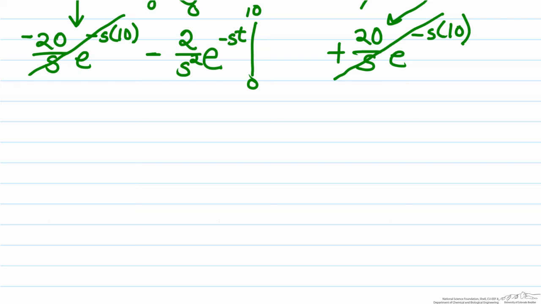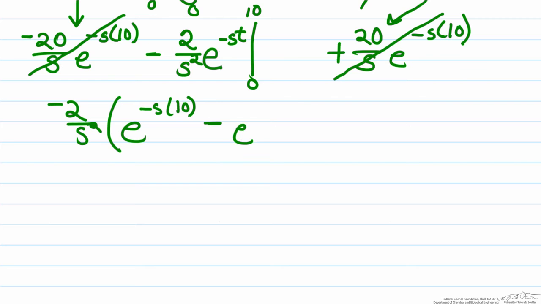When we evaluate the second term, we'll have negative 2 over s squared multiplied by the evaluation of e to the negative st at t equals 10, so e to the negative s times 10, minus the evaluation of e to the negative st at t equals 0, so e to the negative s times 0, and this value will just be 1.